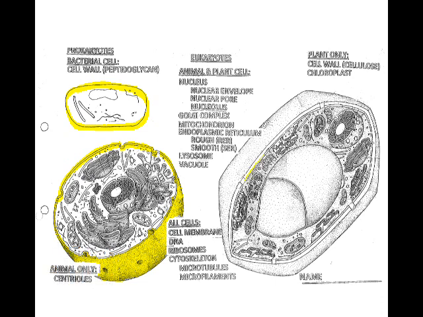It's this little layer right here on the inside, because plants have an extra layer, a cell wall, outside of their cell membrane. So we're going to color just this little inside line. Notice all three kinds of cells have a cell membrane.